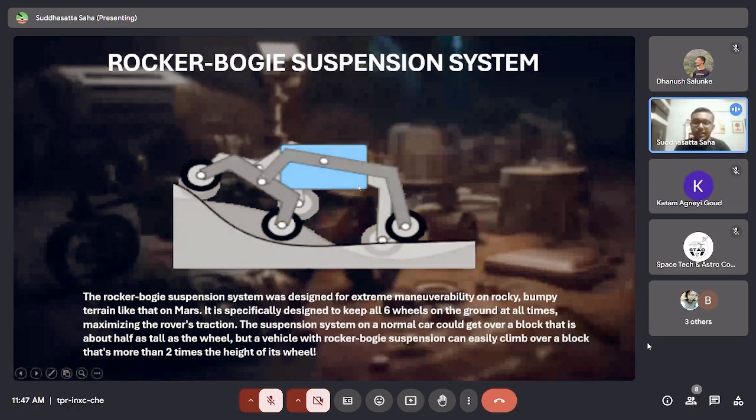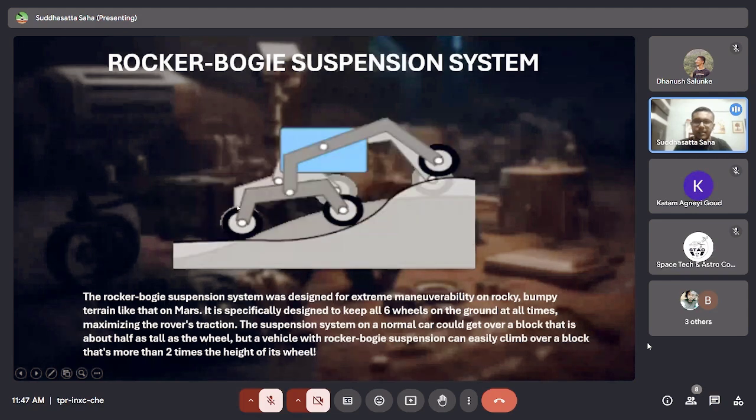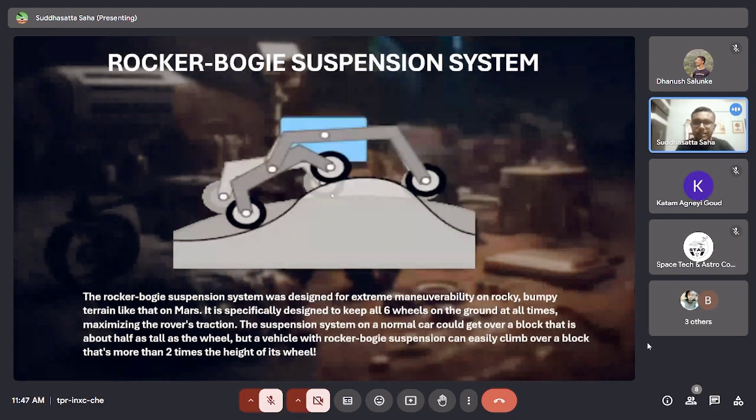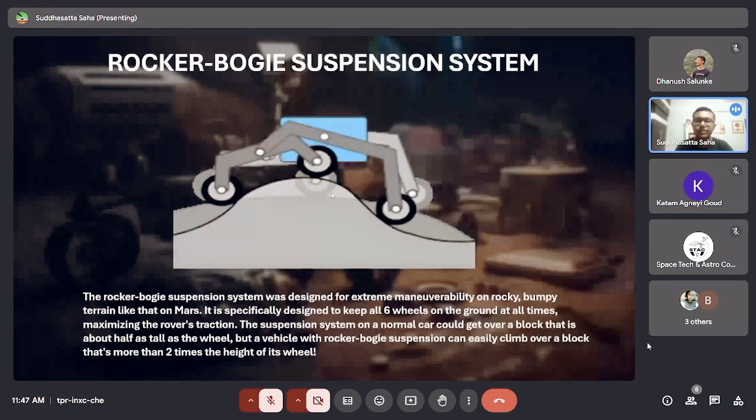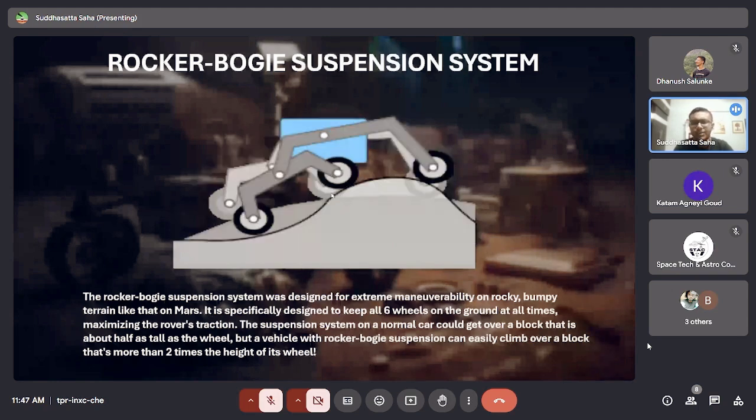And the most interesting aspect of the rocker bogie system is that it is made in such a way that all the 6 wheels maintain contact with the surface of the planet at all times, irrespective of the nature of that surface. You might ask why we would need to achieve that objective.